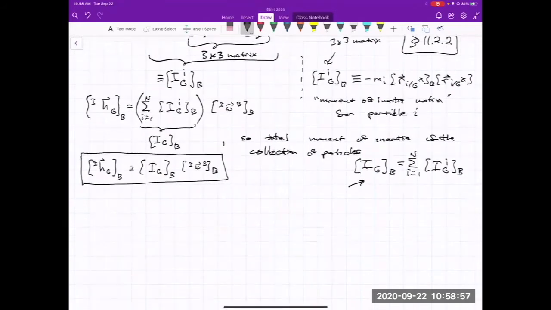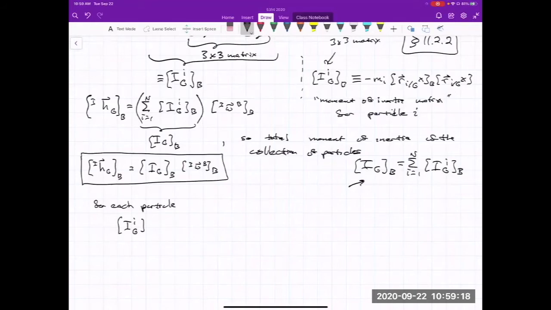Now, we can write an expression. Let me just repeat, for each particle, because this is related to your homework problem 3. For each particle, right, we've got the moment of inertia, and maybe it's not with respect to G, it's just with respect to some point.